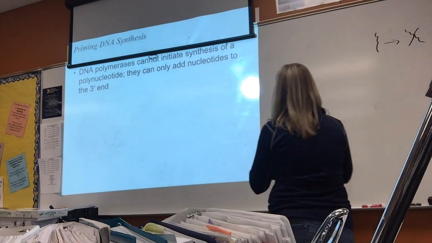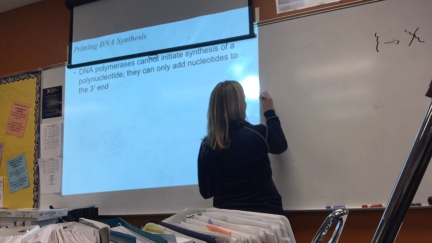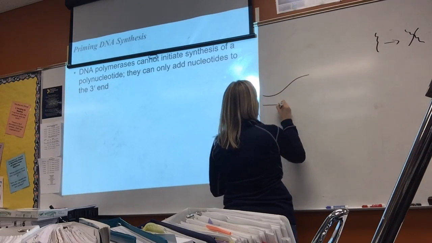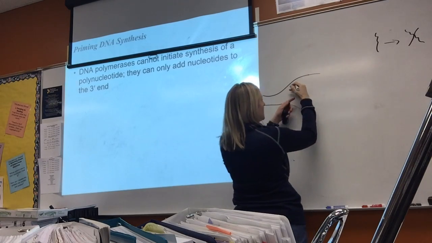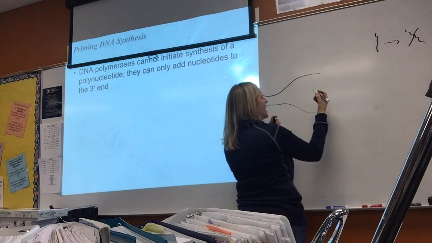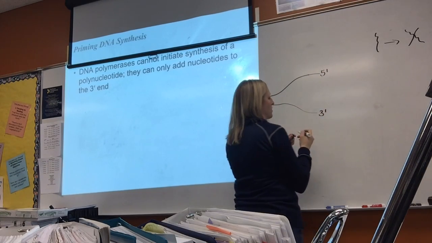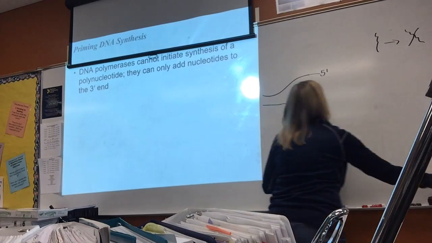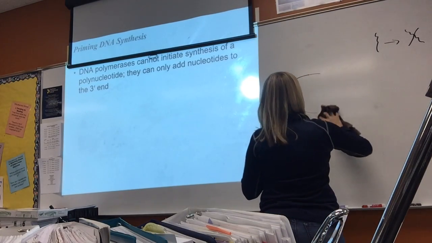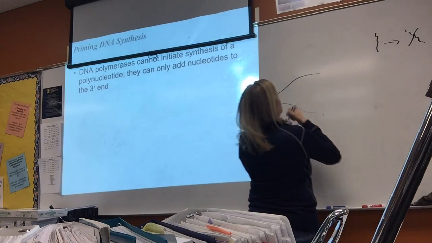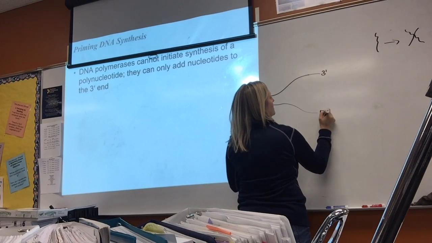So what does that mean? If I were to draw this here like this, here's my DNA strand. All right, so I've unzipped it here. All right, and let's say this is the 5' and this is the 3' end here. Oh, let me keep it consistent with the last picture. This would be the 3' and this is the 5'.